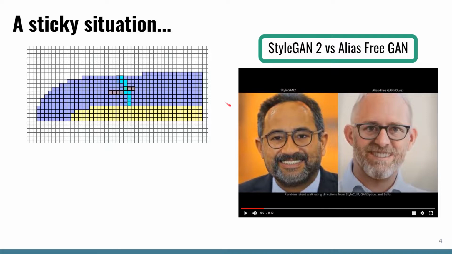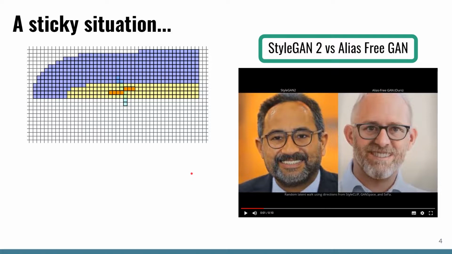However, when the skin is at this location, the strand of hair will deactivate and the fold of the skin will activate. So to quote the paper, it's as if the texture element was stuck to the pixel coordinate and just activates or deactivates depending on what part of the object is represented.